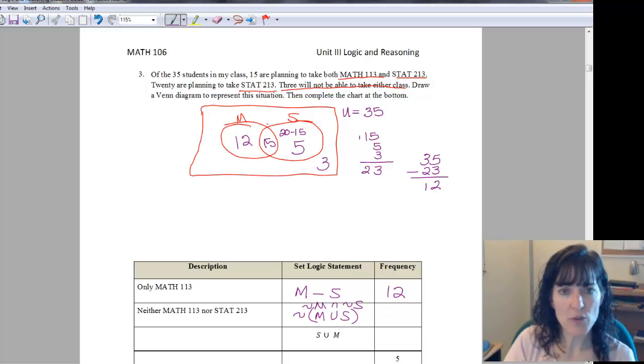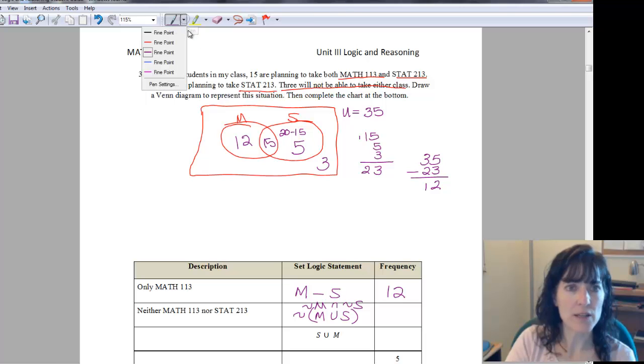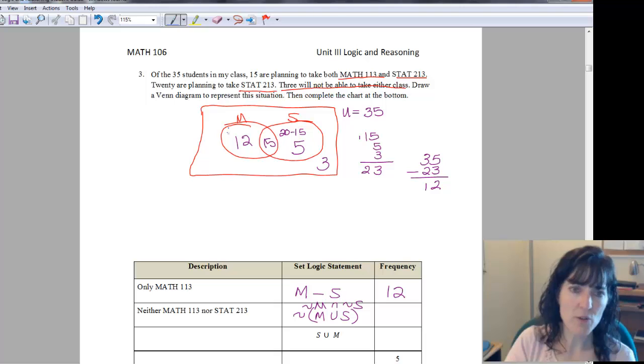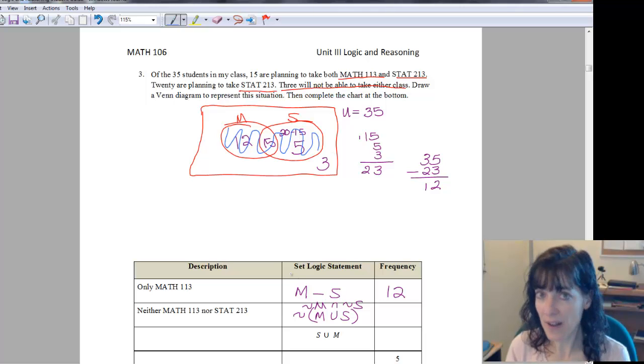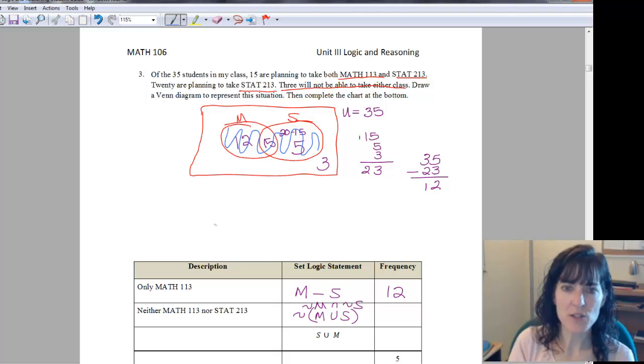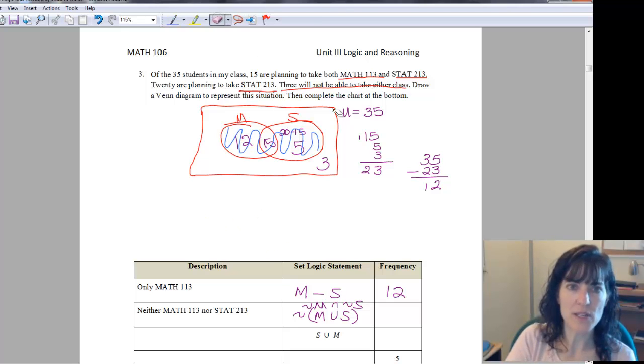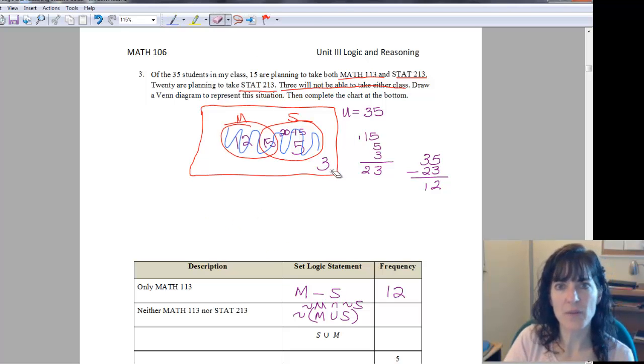And Math union Stats, let's see where that is. So if I filled that in, Math union Stats is going to give me this whole region. And if I want to say not that, neither one of those, that's going to give me just these three students off to the side here that we listed there. They're not taking either class. And so that would be 3 students.